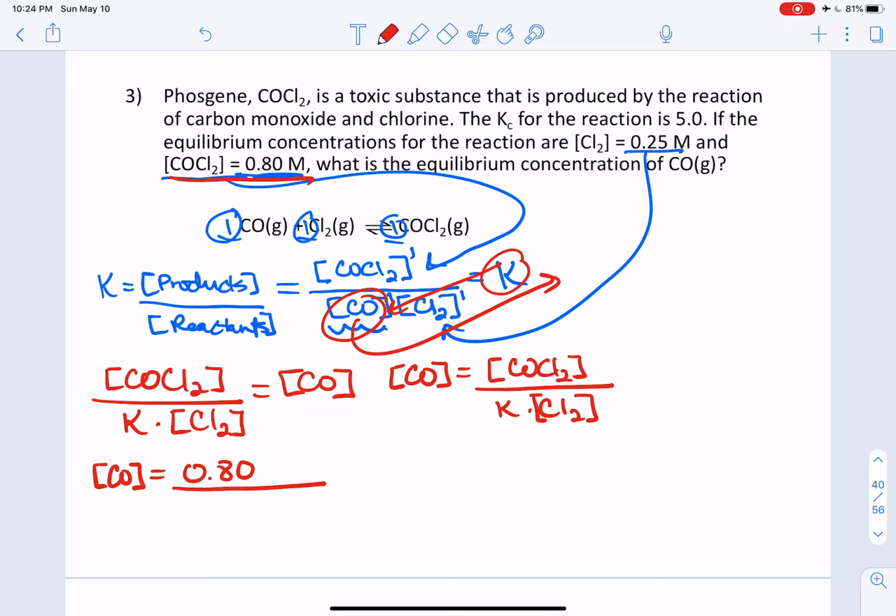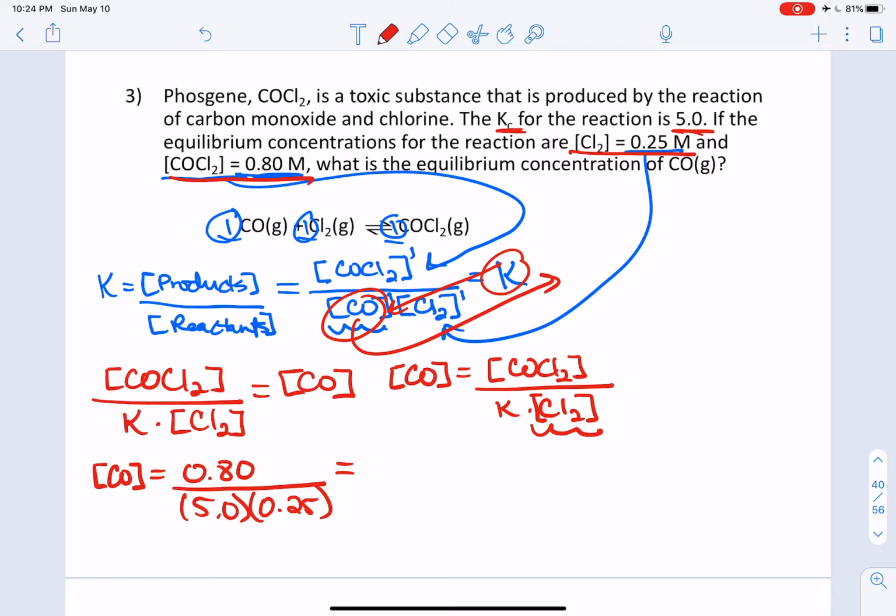When you get to general chemistry, you will definitely use that. Then we have 5 on the bottom because K is 5, and then we multiply that by the concentration of chlorine gas, which is 0.25.